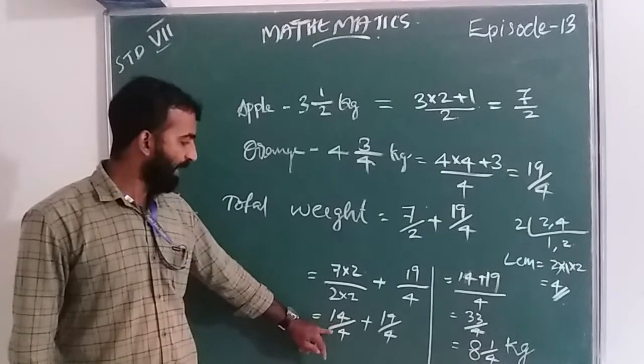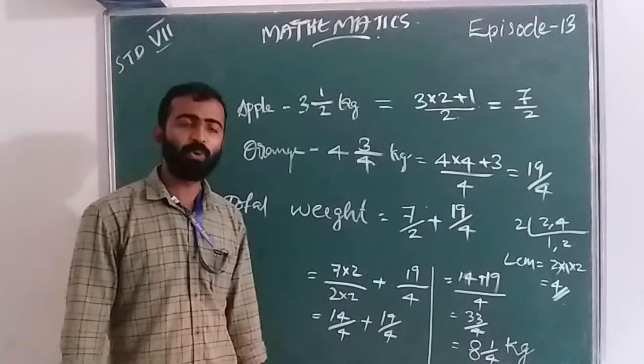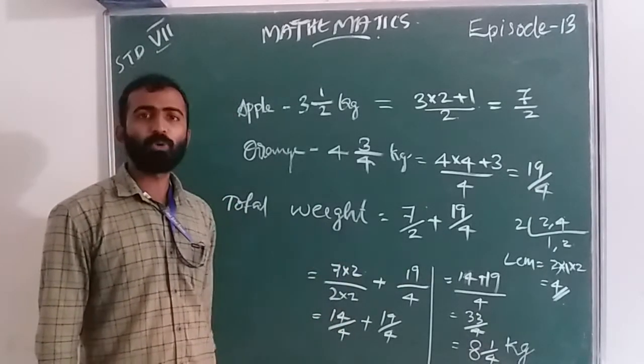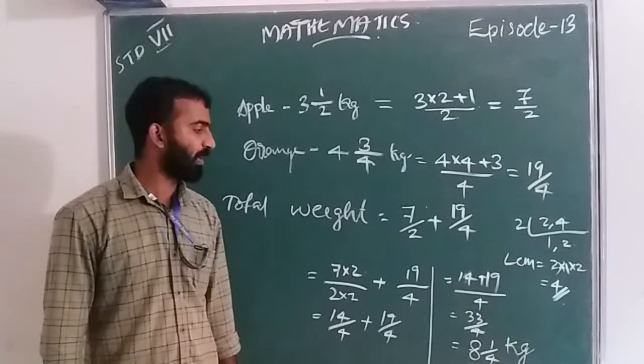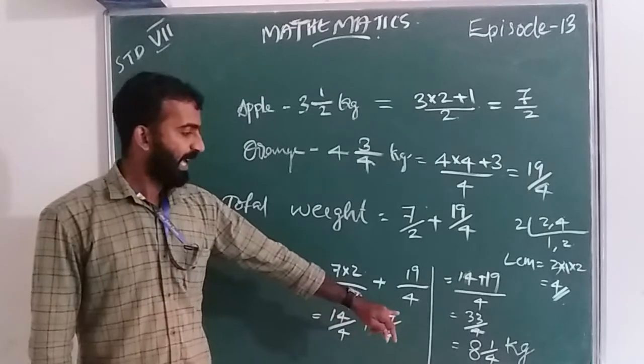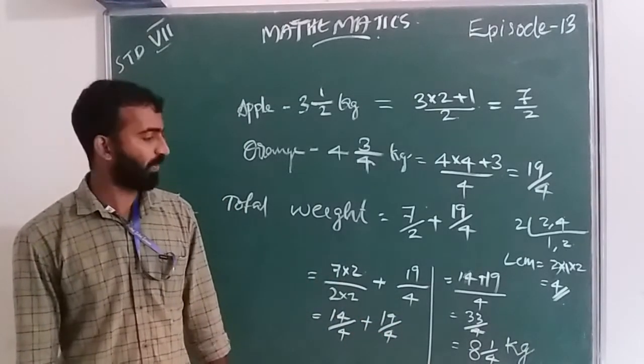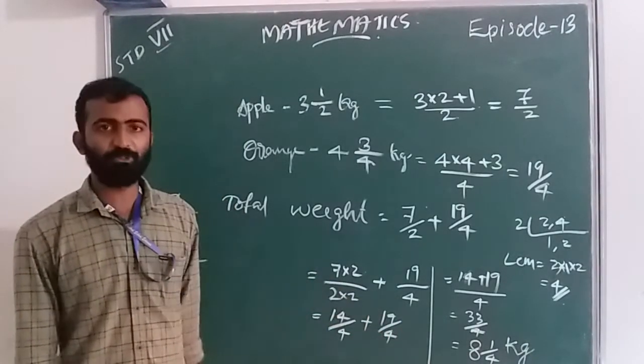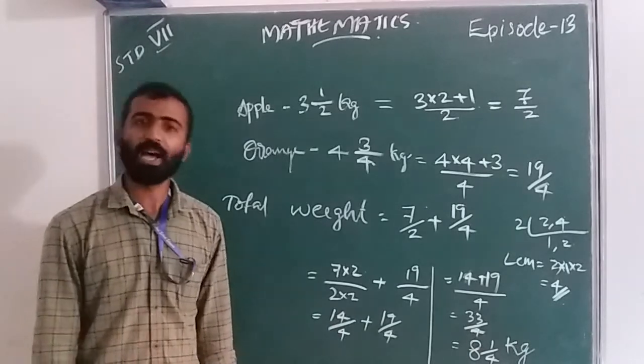Next step: 14 by 4 plus 19 by 4, and we can write 14 plus 19 whole divided by 4, that is 33 by 4, that is 8 and 1 by 4 kilograms. This is the answer.